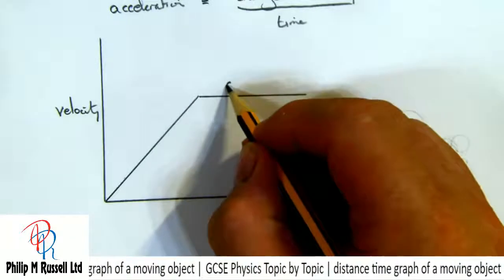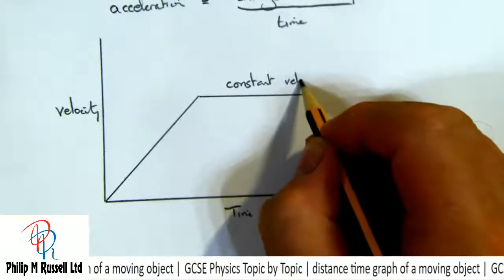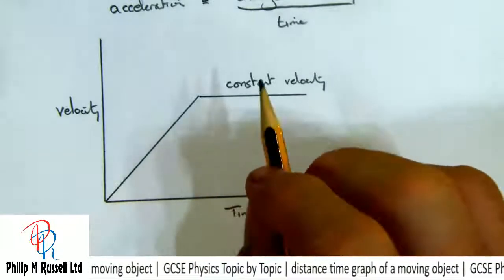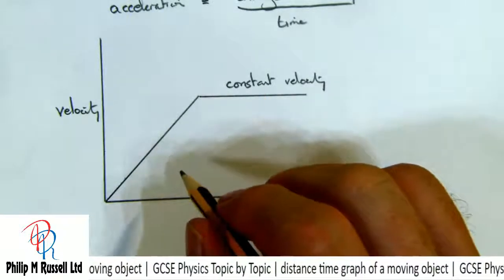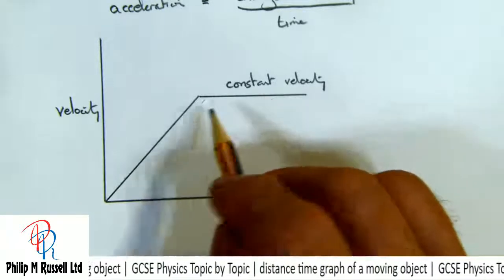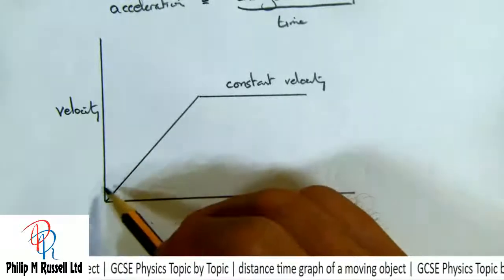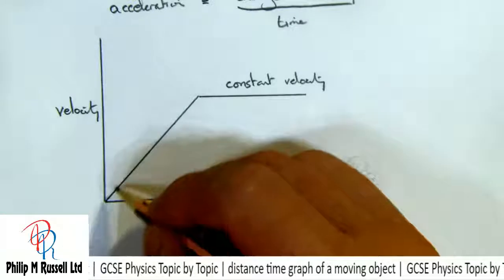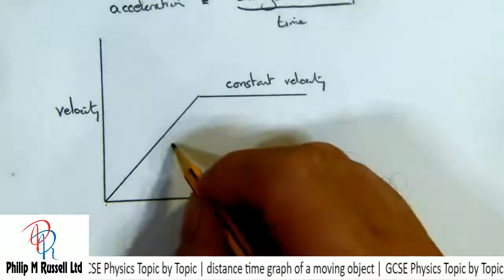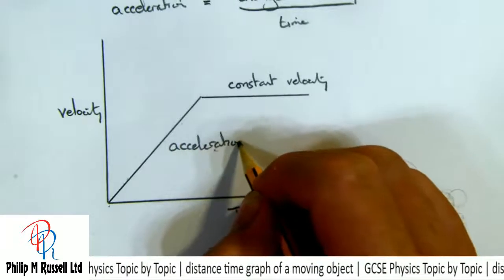And this means a constant velocity. Now, we didn't reach that on our system really very well, and we couldn't quite see it, but we've got our velocity increasing, and this line here showing my change in velocity with respect to time, this is called the acceleration.